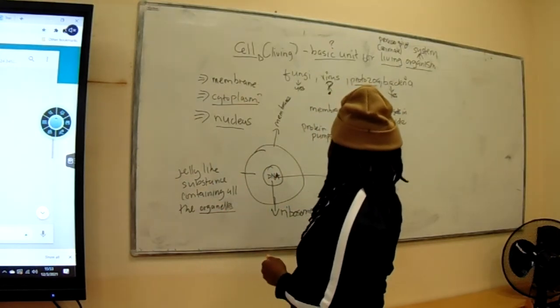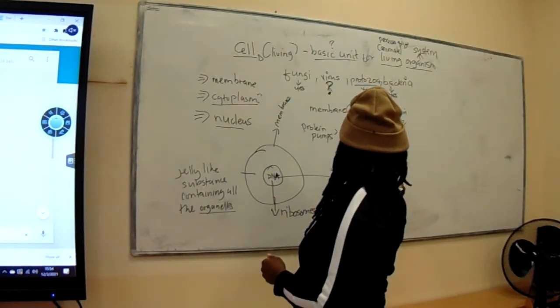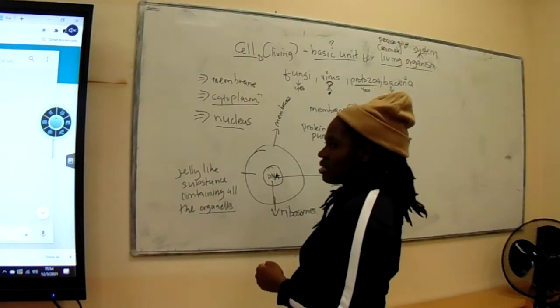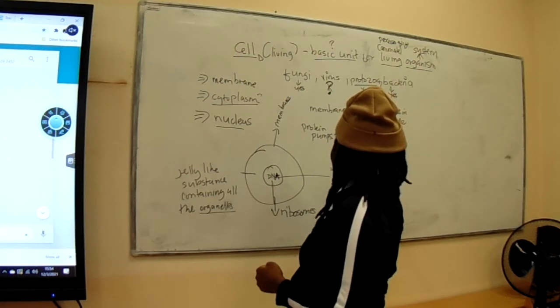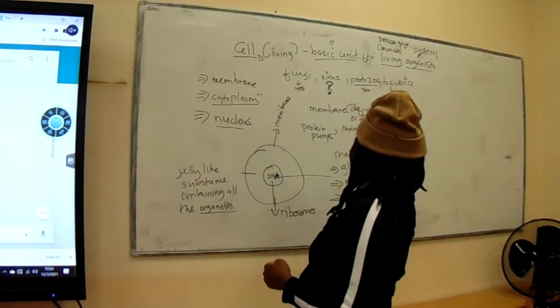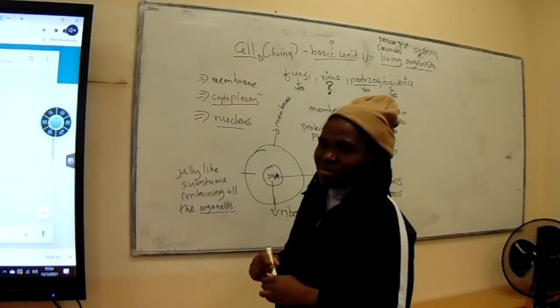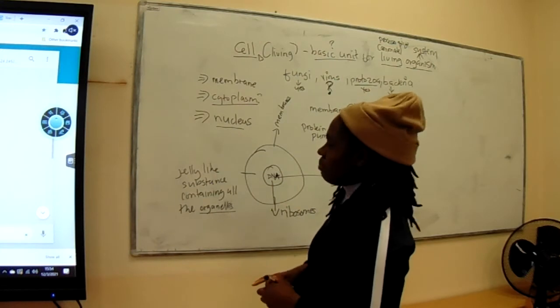So protein synthesis. As far as protein synthesis is concerned, we are talking of mitosis and meiosis, something like that. There are many, but for now, we can just deal with those.